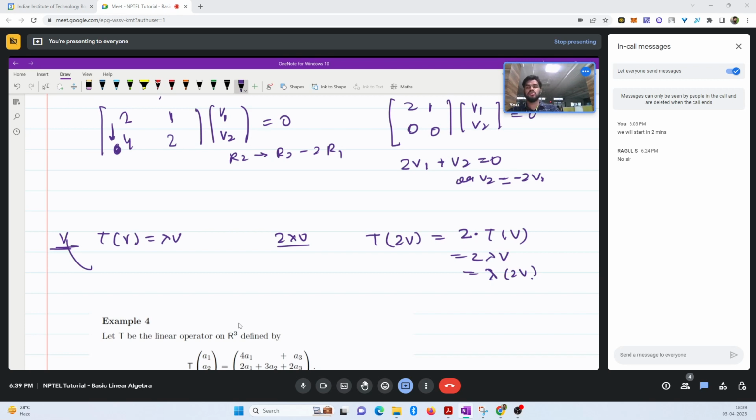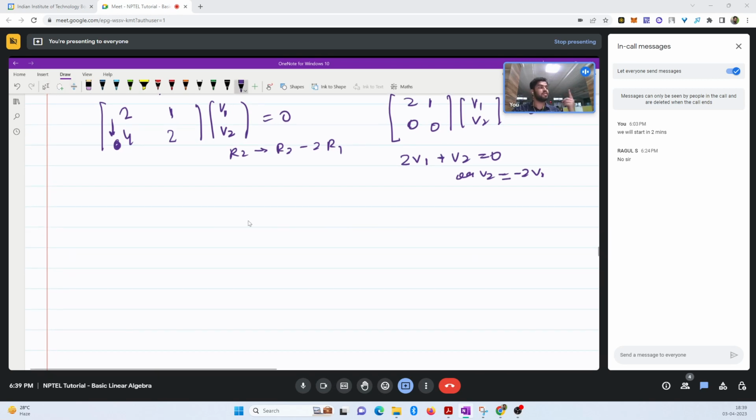So you will not get a unique eigenvector. You will get probably one linearly independent eigenvector if this eigenvalue occurs only once, but that doesn't guarantee that your eigenvector will be unique. In fact, it will never be unique, because you can just multiply with some scalar and get another one.